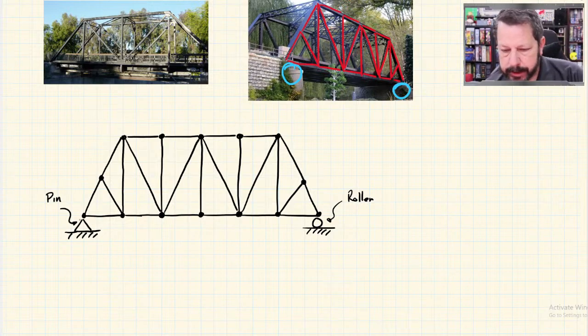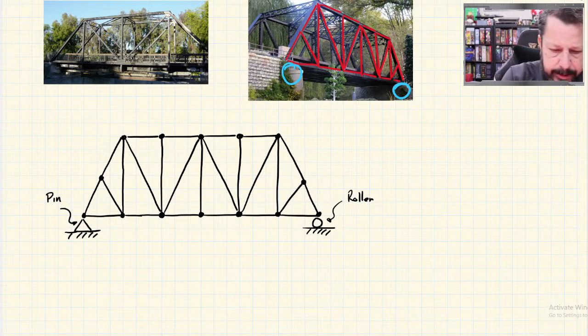Our picture doesn't have any other load than the weight of the bridge, which a lot of times you ignore, sometimes you include it. For simplicity, we're going to ignore its own weight. We're only going to assume there's some kind of car driving over this thing.